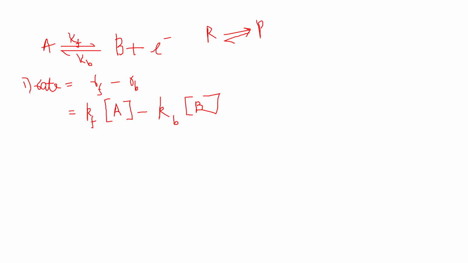Ma'am, one doubt. Is this reaction oxidation or reduction? This is oxidation, no? Loss of electron. Yes, the forward reaction is the oxidation reaction. So is A then anode or cathode? We cannot say that. Here, the oxidation reaction is A giving B plus e minus, and the reduction reaction is B plus e minus giving A, the backward reaction.